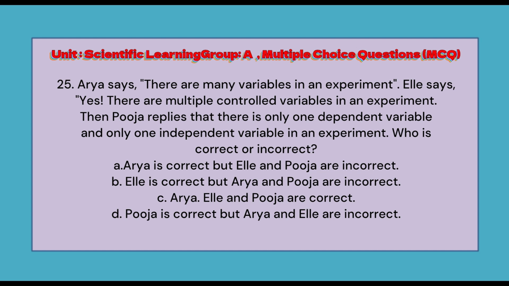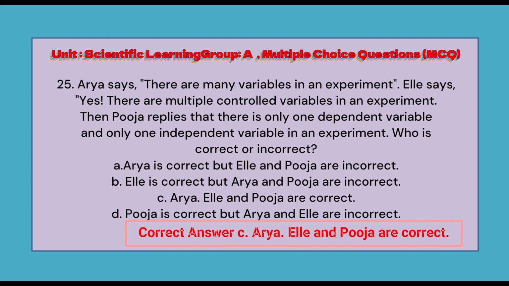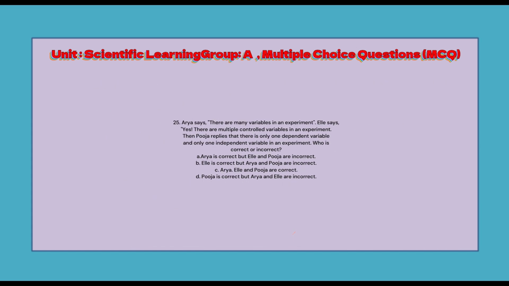A. Arya is correct but L and Pooja are incorrect. B. L is correct but Arya and Pooja are incorrect. C. Arya, L and Pooja are correct. D. Pooja is correct but Arya and L are incorrect. Correct answer. C. Arya, L and Pooja are correct.